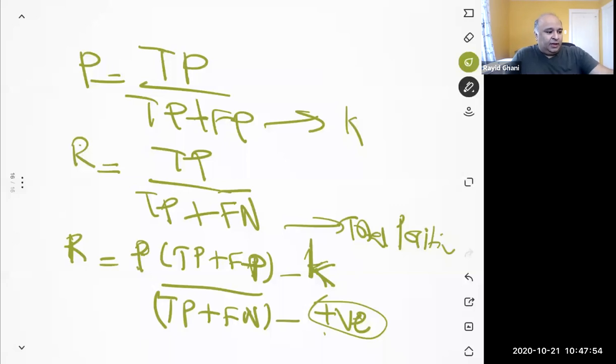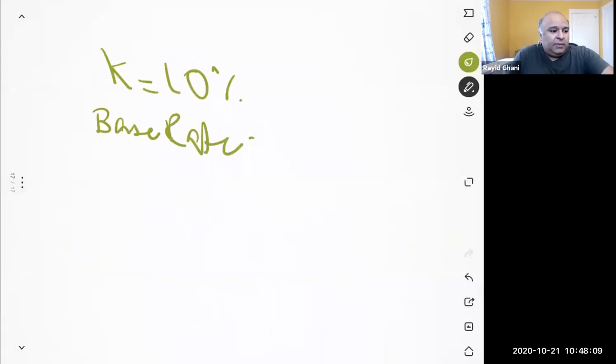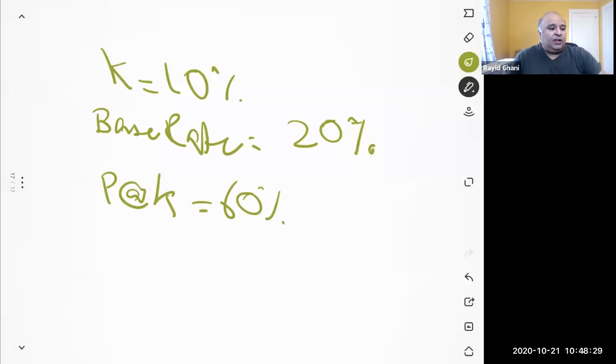And if you work through the actual math, let's say you tell me that my K is 10%. I'm going to intervene on the top 10% of the people. And my base rate for the positive class is, let's say, 20%. So now if you tell me, hey, my model at the top 10% has precision of 60%, what does that mean?